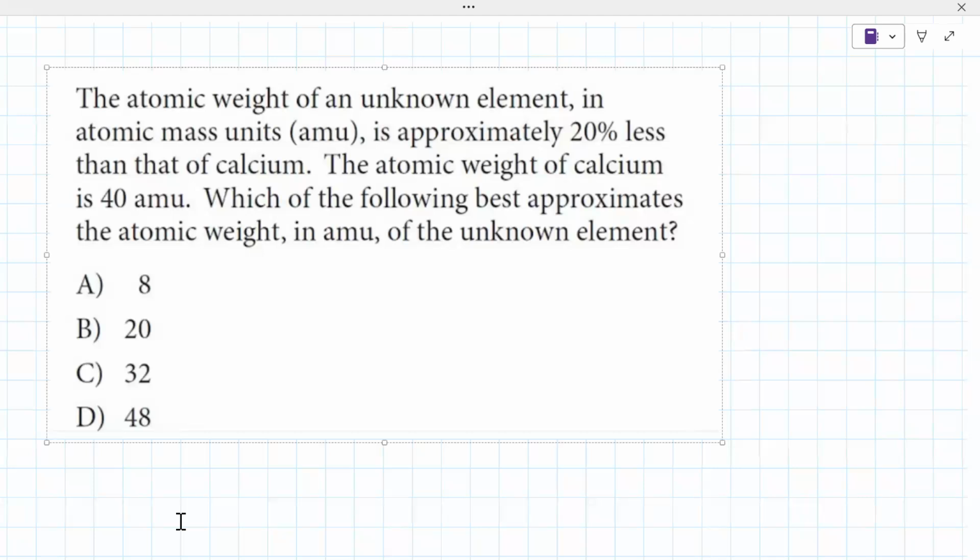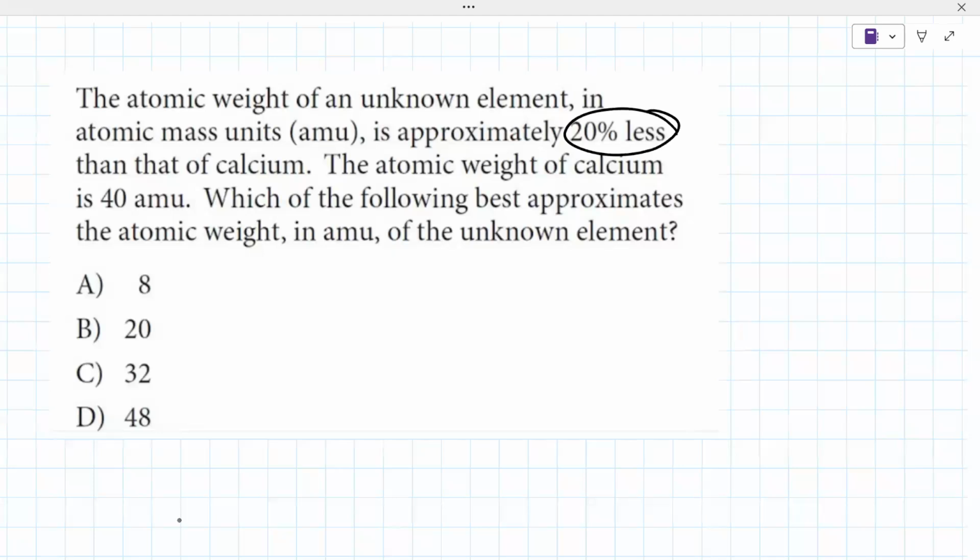All right, how are you doing on this one? Yeah, I got 8. So 8 is the discount. Oh, so then 32. Yes.